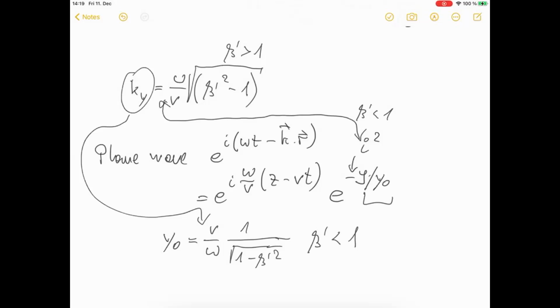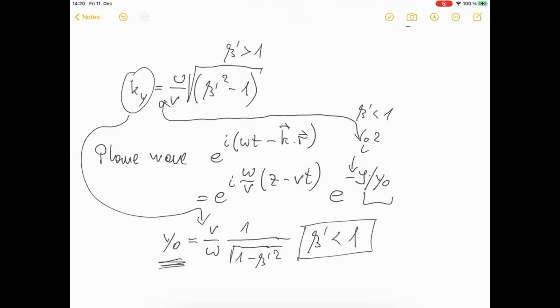Therefore, we now know the reach of the electromagnetic field for a particle that travels with a speed that is smaller than the speed of light in the medium. It has a finite transverse reach. That's called an evanescent wave in electrodynamics. The wave equation does not have an imaginary exponent.